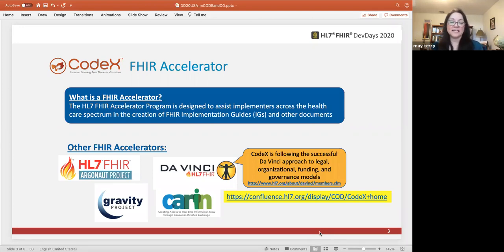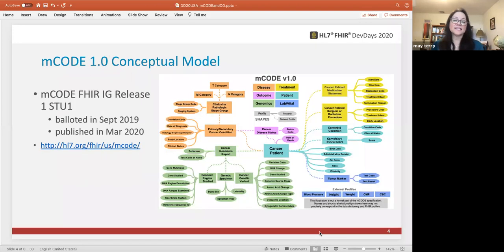What's nice is that we have since had pretty good success with Codex and a number of partners that are available and interested in building on top of mCODE. So let's get to this model itself.